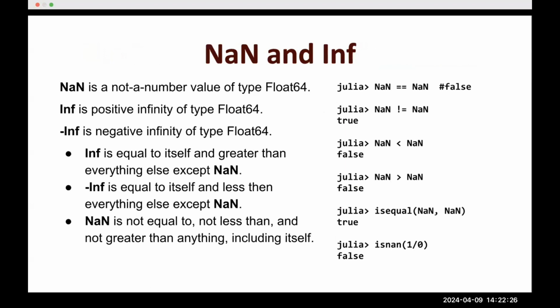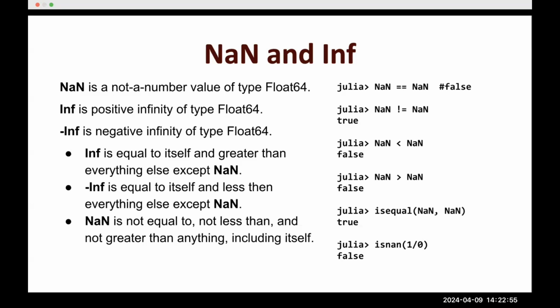NaN and infinity are treated differently in Julia. When you're dealing with infinity in other languages, it's treated as not a number. Here, NaN itself is a special value, treated in a special way for you to do debugging and other things.